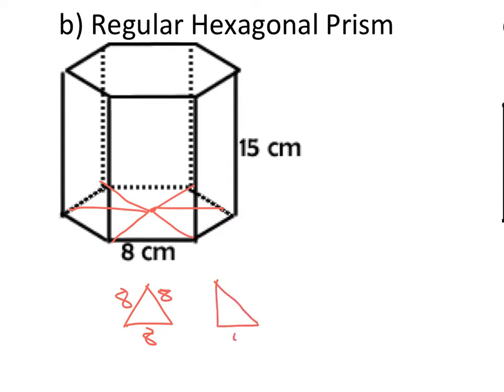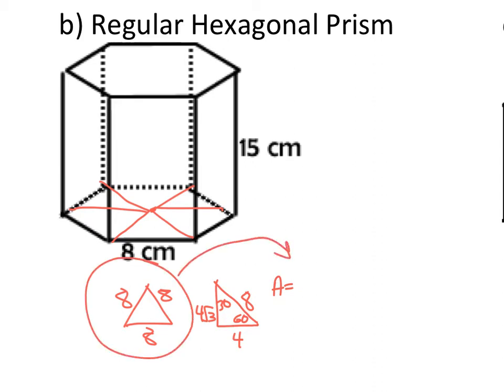Okay, so I could get that 4 and 8. I did the last one with the Pythagorean theorem. This one I'll do with 30, 60, 90 triangles, that shortcut, to show that the height is really just 4 radical 3. Okay, so then the area of this triangle right here equals 1/2 times 8 times 4 radical 3.